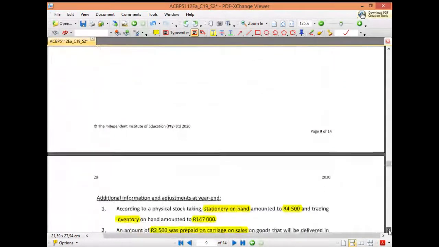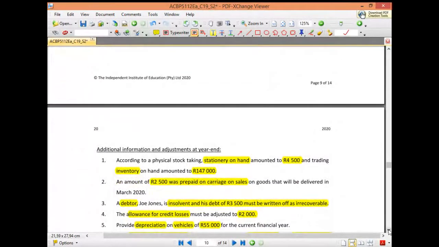Then entry number 2, an amount of 2,500 was prepaid on carriage on sales on goods that will be delivered in March. Okay, so this is a prepaid expense.